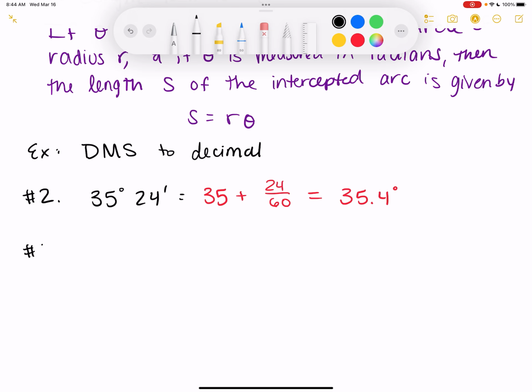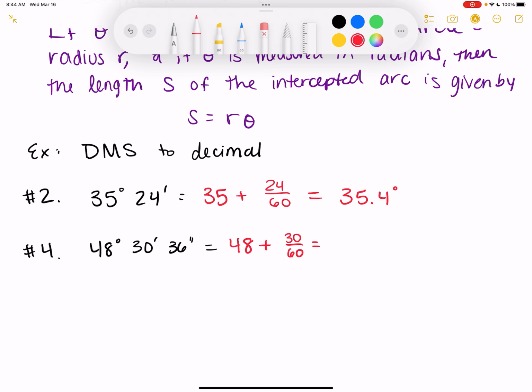And then another one of those, number 4, 48 degrees, 30 minutes, 36 seconds. So we follow the same thing. We copy down the 48 plus, now we have 30 over 60.